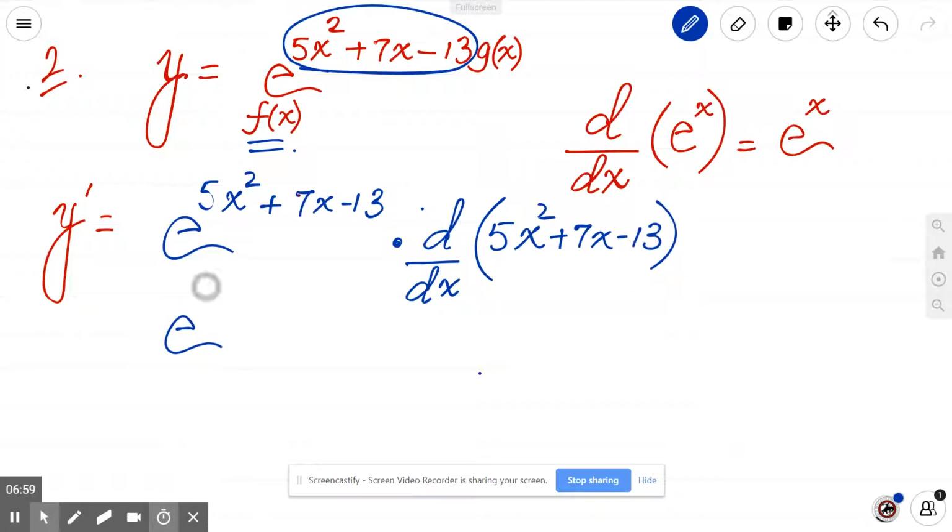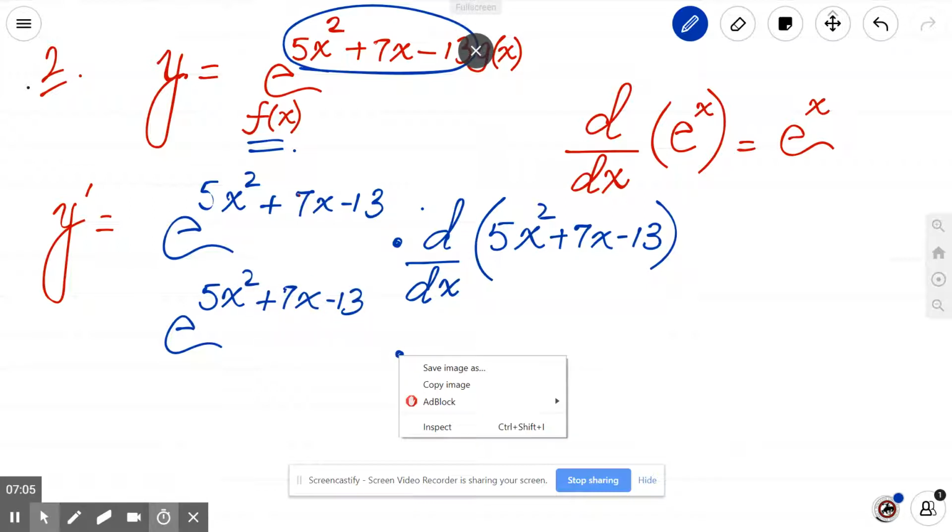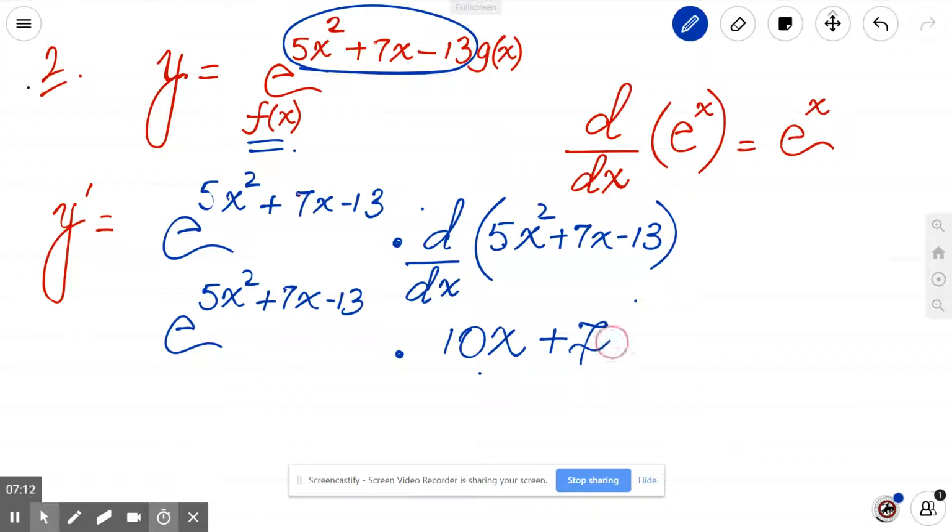So e to the power of 5x squared plus 7x minus 13 times, I can calculate the derivative as 5 times 2, 10, x plus 7. Derivative of constant is 0, so that goes away. Now we need to write our answer maybe in a better way. Usually they like to bring the chain piece first. Now why, students, it's called a chain rule is basically, as you can see, this little chain piece here.